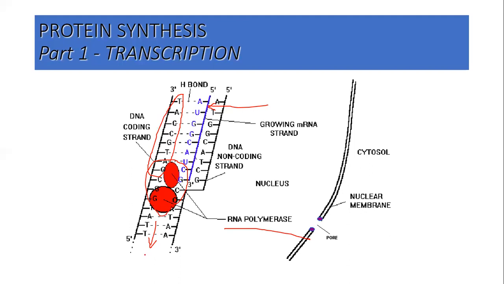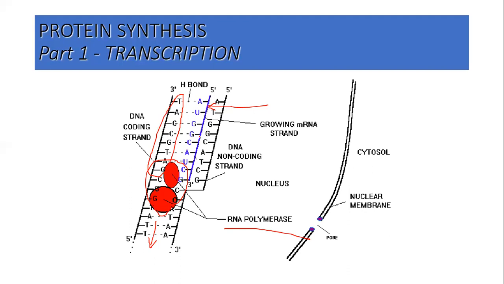Now, there could be hundreds and hundreds of genes on one chromosome. This is just going to make a messenger RNA that's the length of just one gene, which would be enough information to teach the cell how to make just one protein. If there's hundreds of genes on the chromosome, that chromosome has the ability to make hundreds of proteins, depending on the codes.